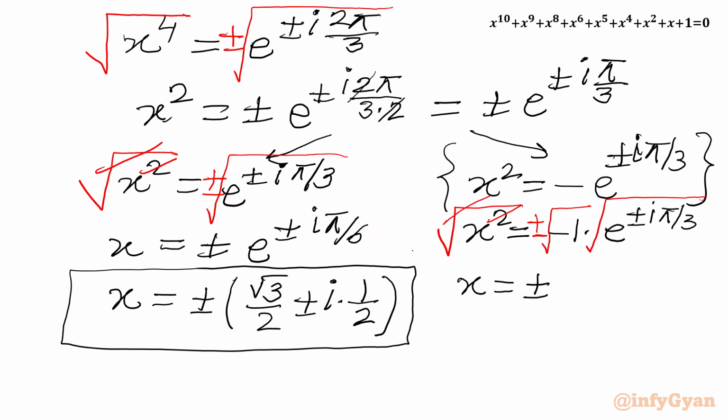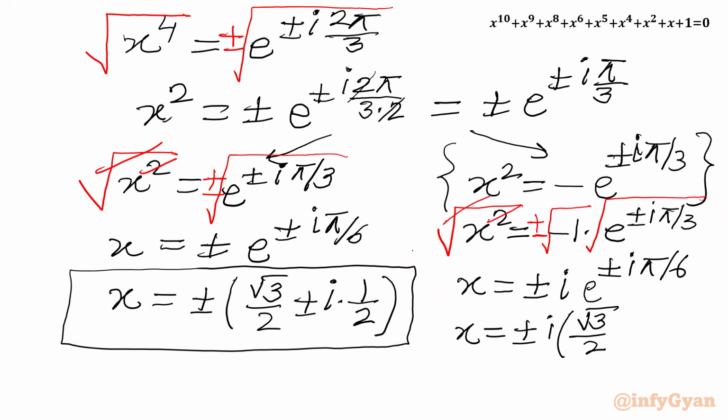The square root of minus 1 is the complex number i. Plus minus i times e power plus minus i pi over 6, which will be equal to plus minus i in bracket cos pi by 6, which is root 3 over 2, plus minus i times sin pi over 6, which is half.